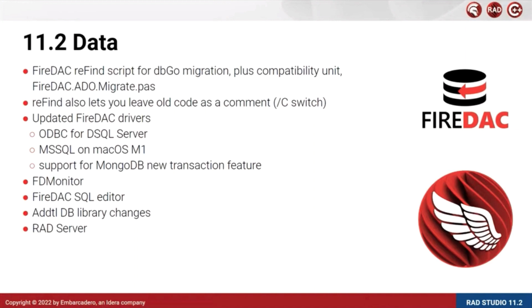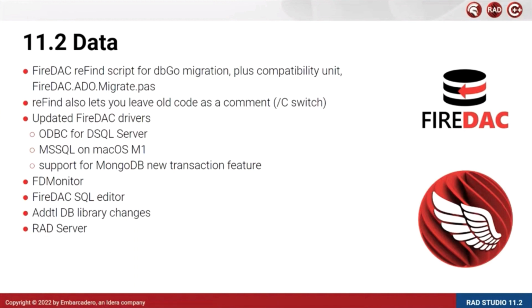So there is a Refine script that you can run to search and replace within your application the name of components and properties that have a matching native FireDAC solution. But because this is not always possible, we also provide a unit, called in this case FireDAC.ADO.Migrate, which offers compatibility. So an old method in ADO that's not in FireDAC is available in this unit.